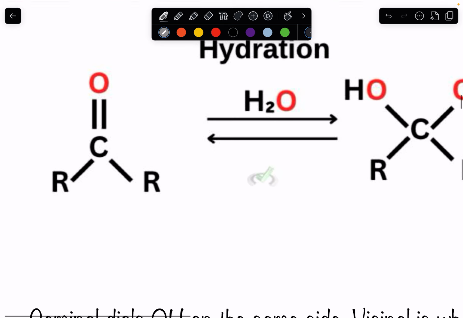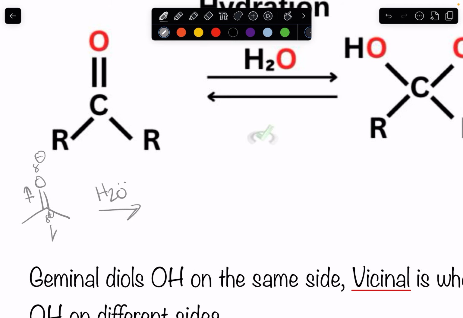So it really is just the addition of H2O to the carbonyl. We know that this oxygen pulls electrons away, so this is slightly negative, making this carbon here slightly positive. And we can prove that by drawing the resonance structure.